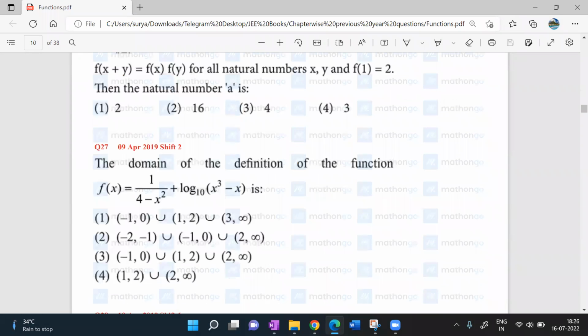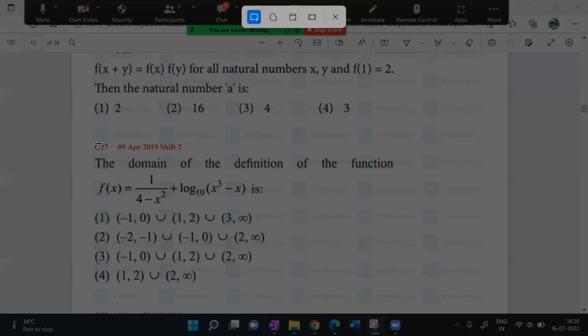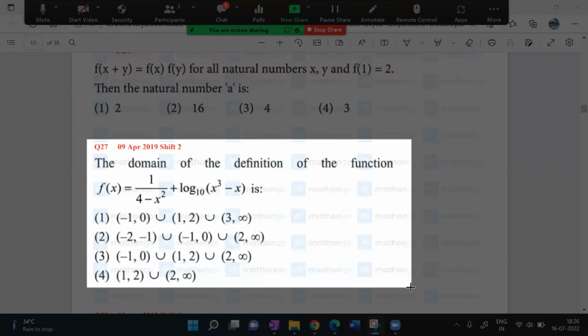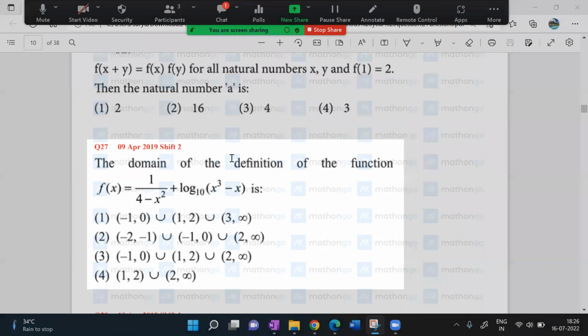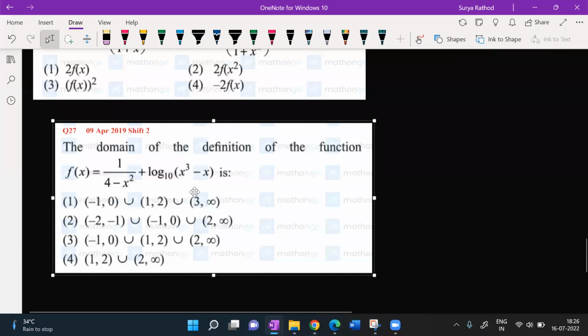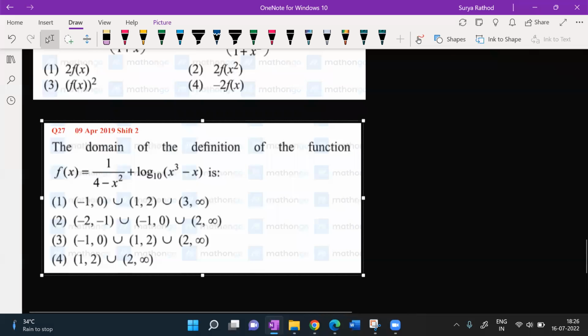Everyone solve this question. Domain of this, very, very good question. I think we have solved this question. I think we have done this question.